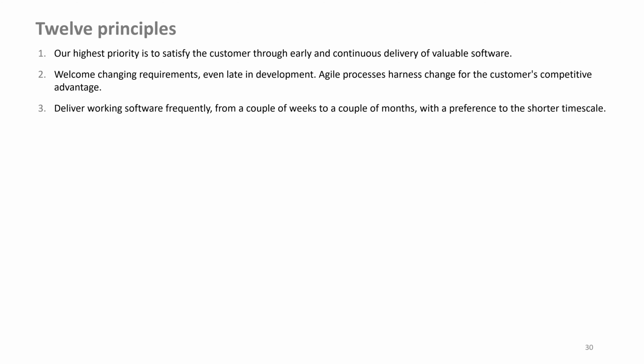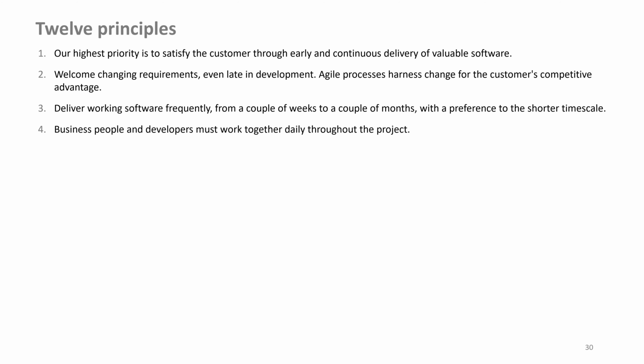Deliver working software frequently, from a couple of weeks to a couple of months, with a preference to the shorter timescale. Scrum accommodates this principle since the team operates in sprints, or iterations that ensure regular delivery of working software.